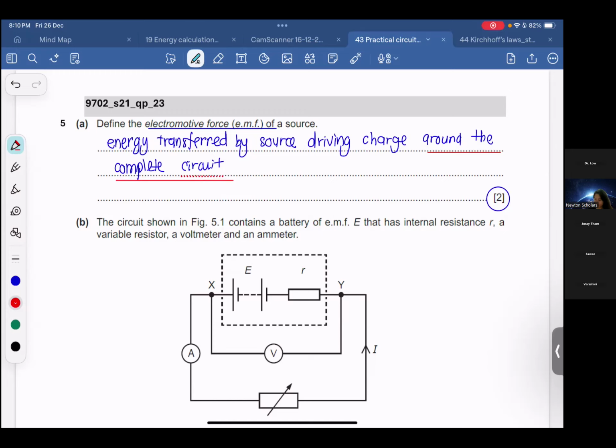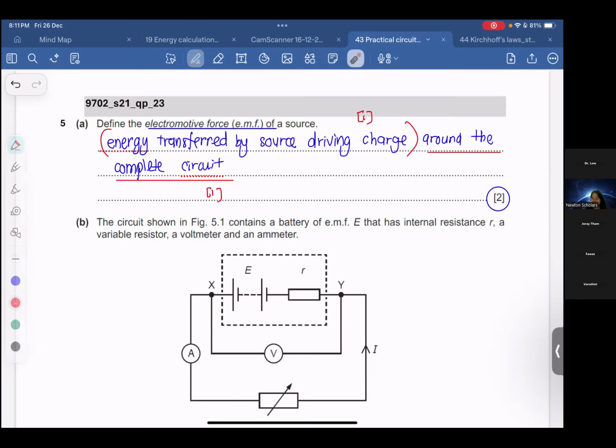This is 1 mark here. Then energy transfer by source driving charge is another 1 mark here. But for me, I would like to write energy transfer by source in driving 1 coulomb of charge around the complete circuit.